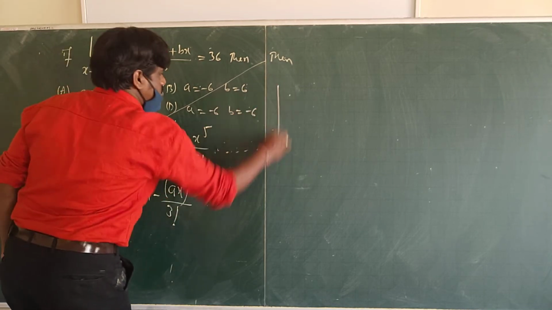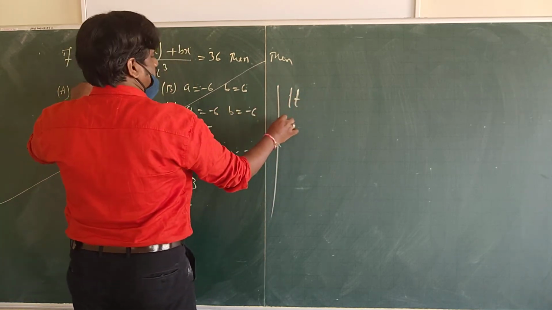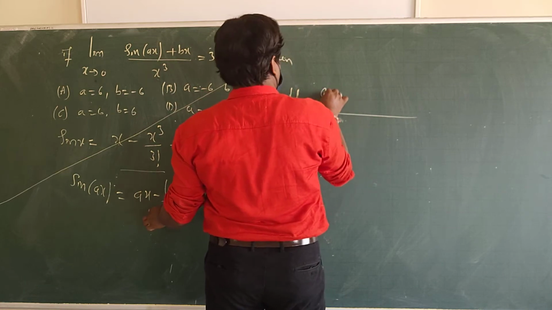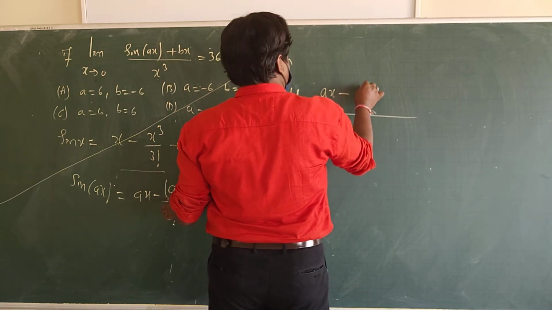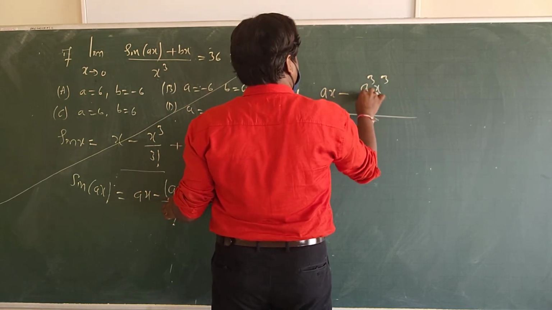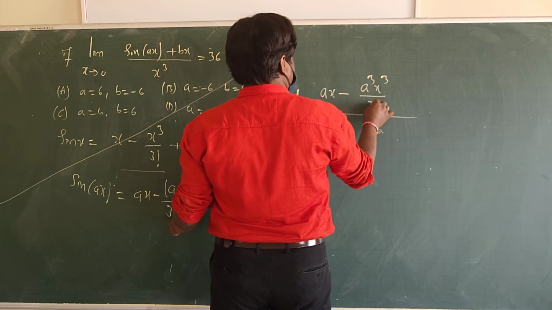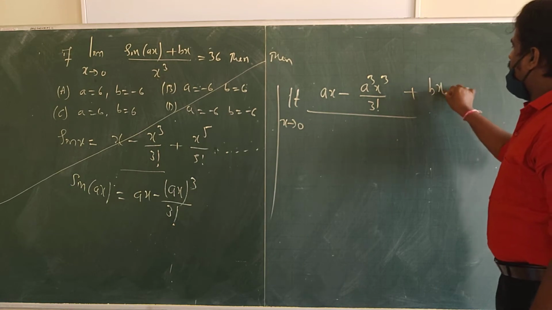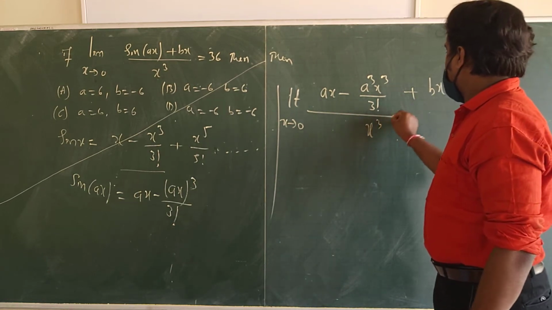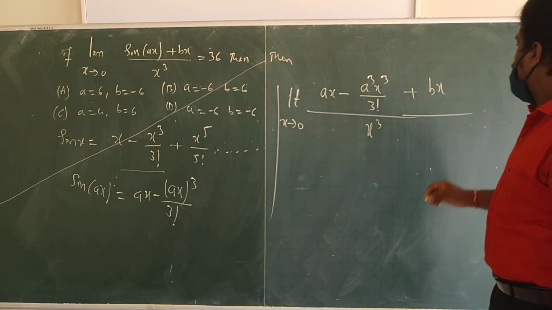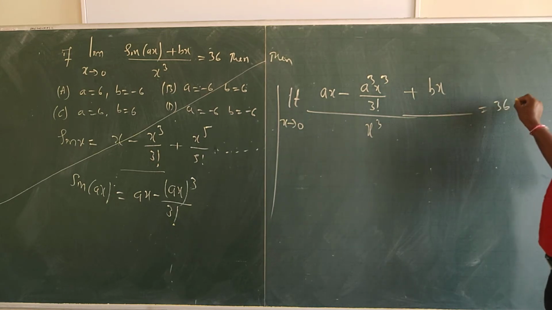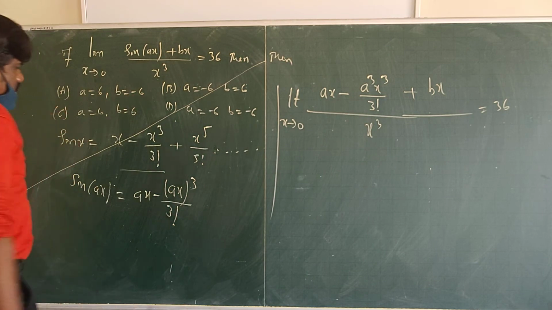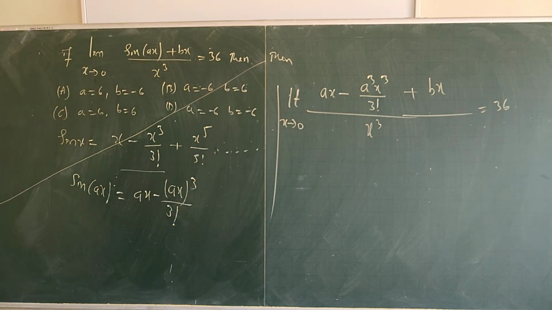So the limit becomes: limit x tends to 0, ax minus a cube x cube divided by 3 factorial plus bx, all divided by x cube, is equal to 36. Correct? Fine.